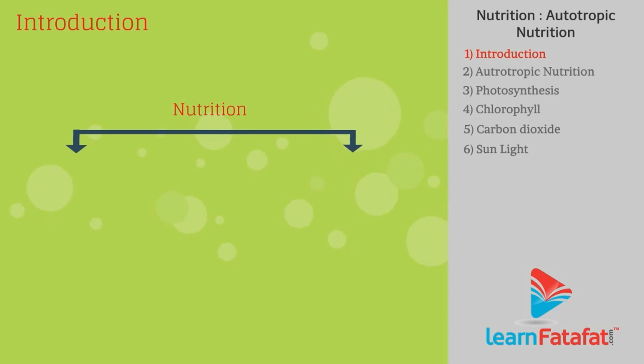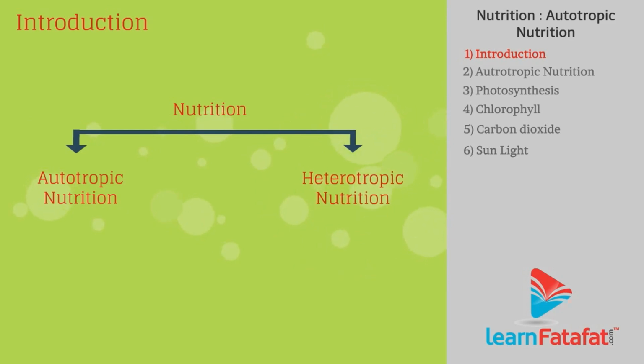Hence, nutrition can be broadly classified as autotrophic nutrition, in which an organism prepares its own food, and heterotrophic nutrition, in which organisms depend on other organisms for food.